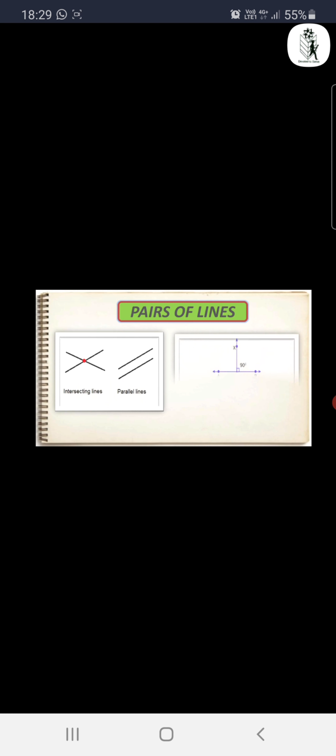We had also seen one more pair of lines which intersect each other at 90 degrees. Here you can see very clearly the two lines are intersecting at 90 degrees. Such lines are called perpendicular lines. Very good. So, intersecting lines, parallel lines, perpendicular lines are a few pairs of lines that we had learnt about. Okay, let's continue.